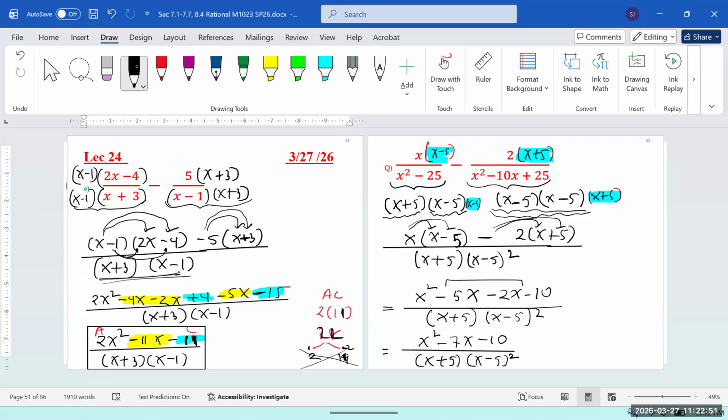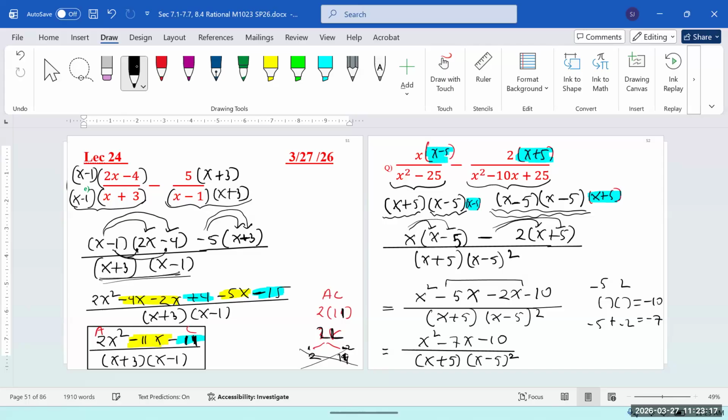Now this is a tricky one. Can we factor the numerator? Two numbers multiply to negative 10, add up to negative 7. 5 and 2. What sign must 5 have? Minus. So minus 5. What sign must 2 have in order to get negative 7?